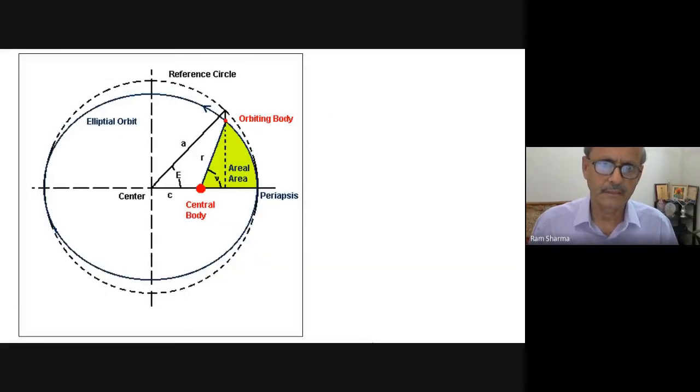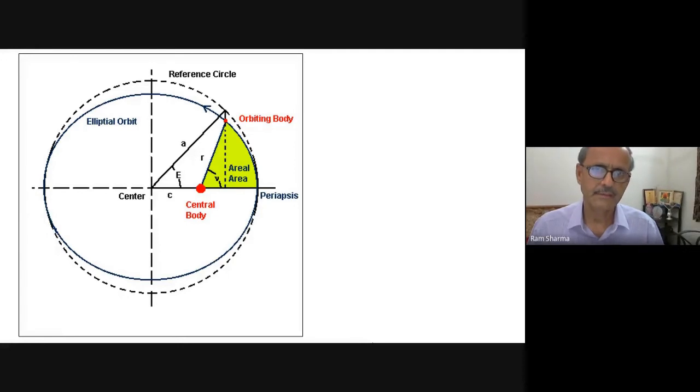You can also see the eccentric anomaly measured from the center, and the true anomaly, as I told you, for which three names are used: nu, theta, or small f. Here nu is used, and the radial distance is always measured from the focus.